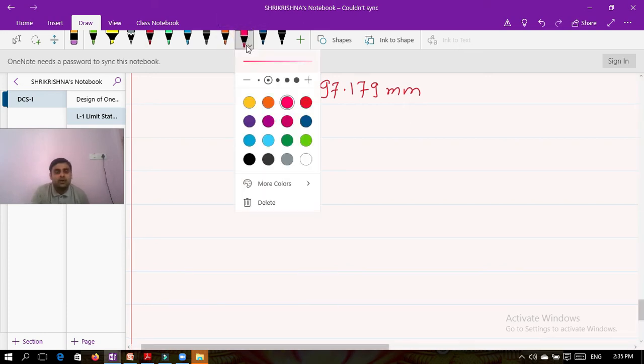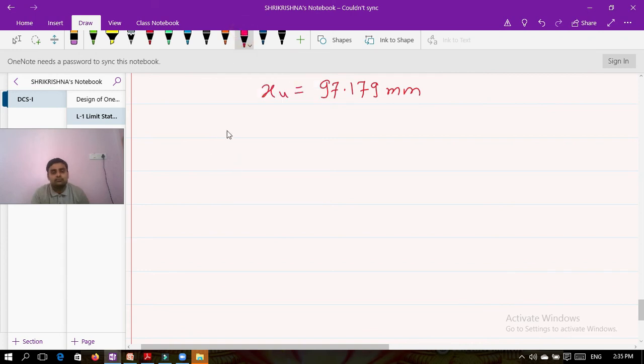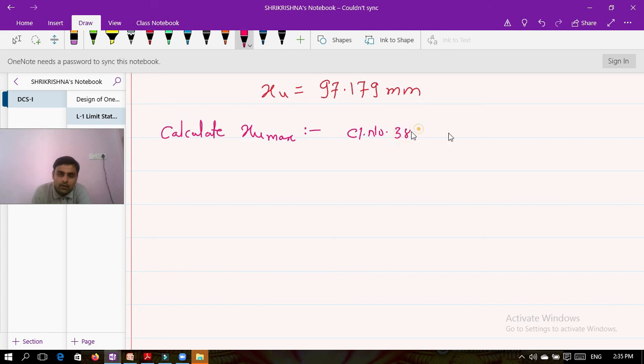Okay, so here I will write: calculate Xu max. From clause number 38.1, page number 70, you will get Xu max upon d is equal to 0.53.